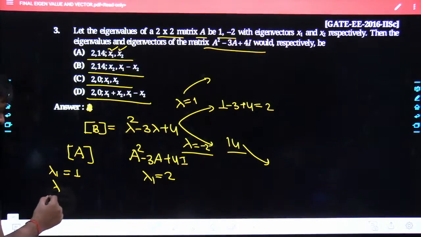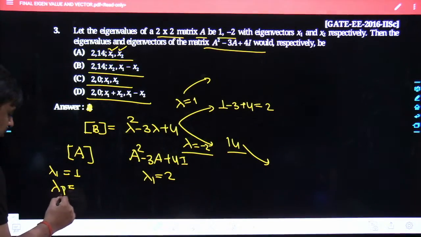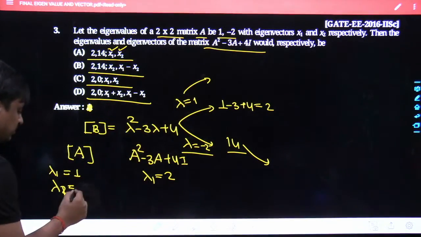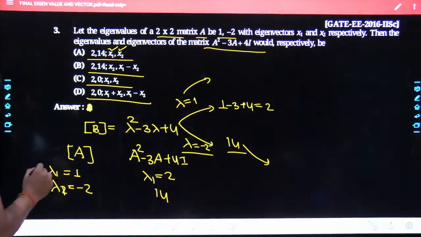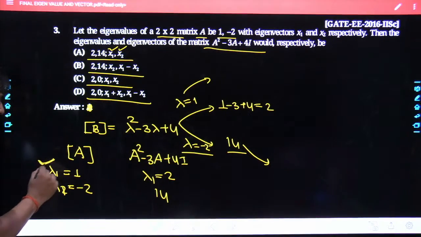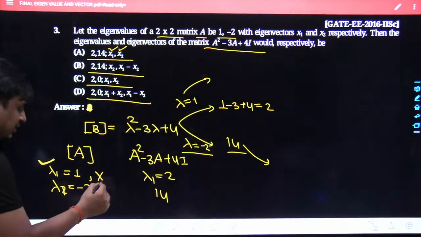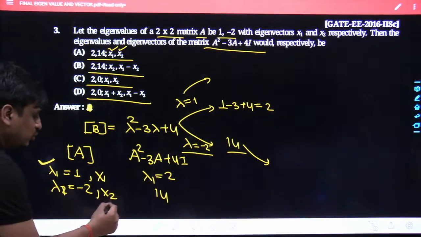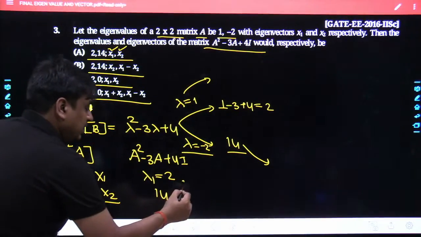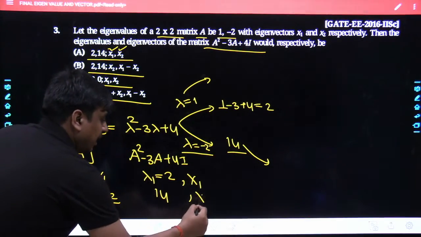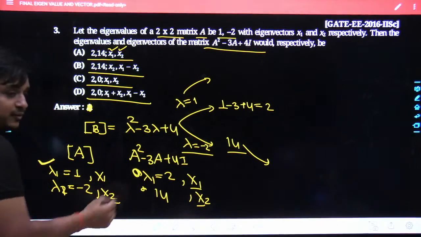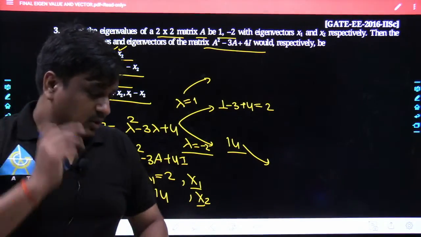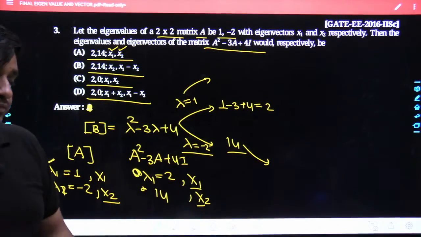The lambda was minus 2, here it became 14. Corresponding to lambda 1 you had the eigenvector x1, corresponding to lambda 2 you had the eigenvector x2, but here the same eigenvectors got repeated for the new eigenvalues 2 and 14. Is that part clear?